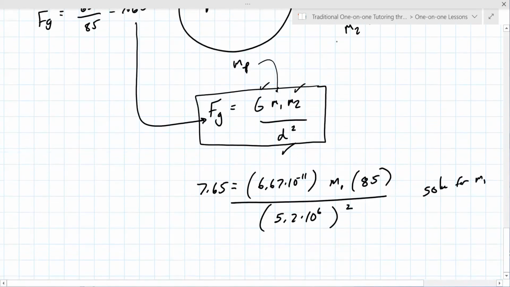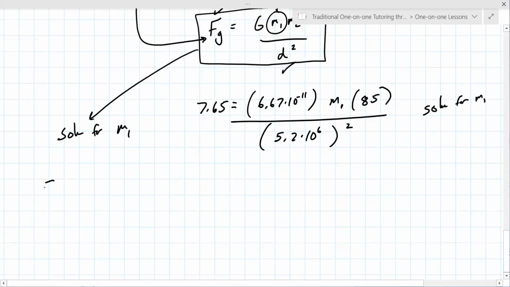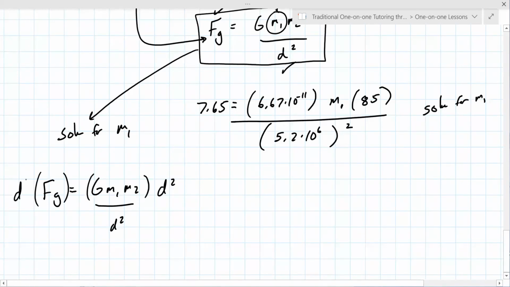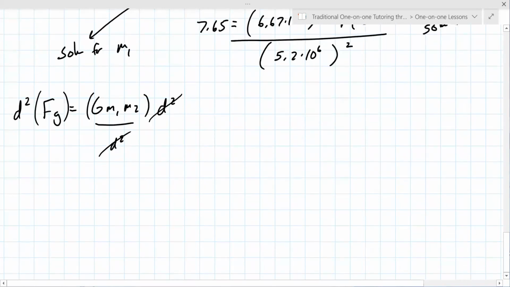You know FG, you know G, you know M2, and you know D squared. You're solving for M1. So the first thing you might do is multiply both sides by D squared. Okay, like that.